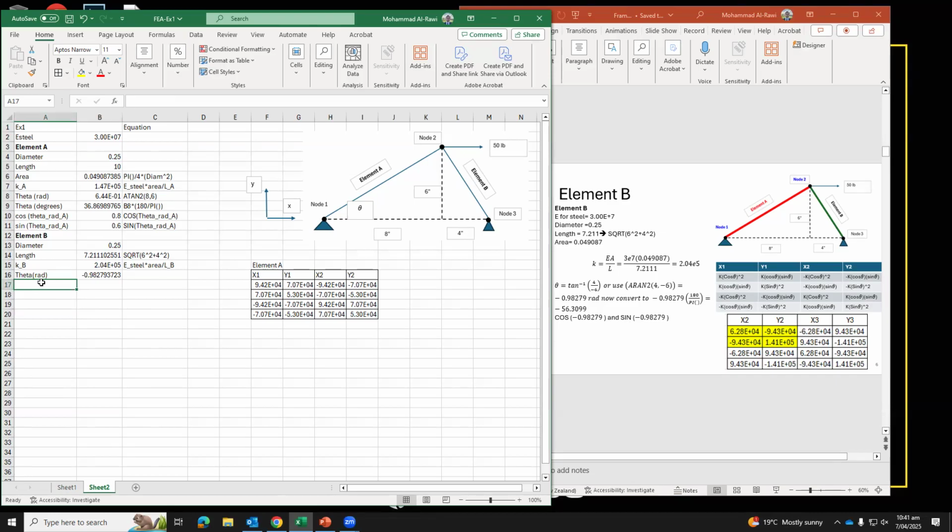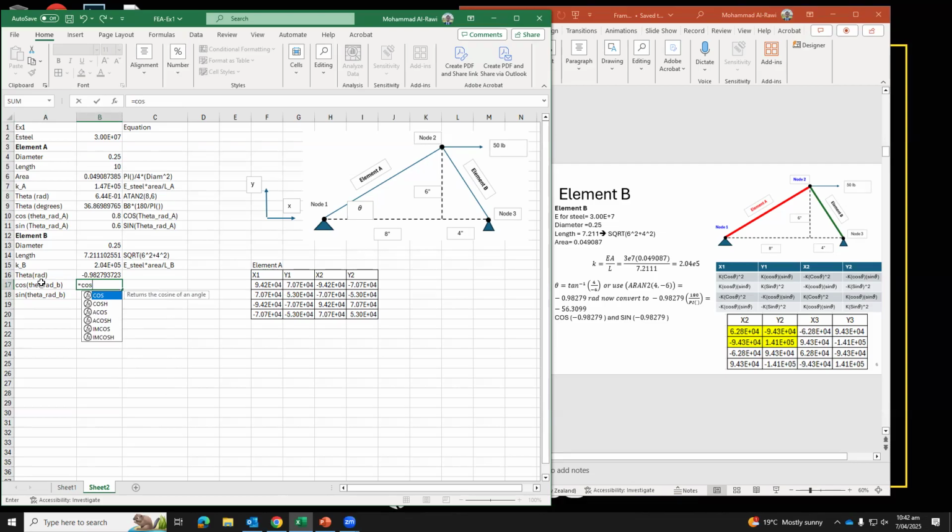Now, we need to do the same thing to find the cosine theta gradients B and sine theta gradients B. So for the elements B, we need to find that. Here it is very simple.